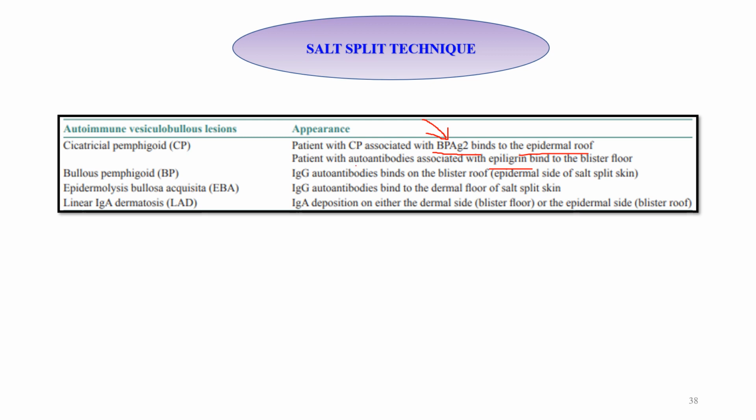Whereas when the autoantibodies bind to epiligrin, which is also known as laminin 5, which is a component of lamina lucida, the blister floor is stained. In bullous pemphigoid, the antigens are bullous pemphigoid 1 and bullous pemphigoid 2, and these both are epithelial or epidermal components. So obviously the staining is seen in the roof of the epithelium.